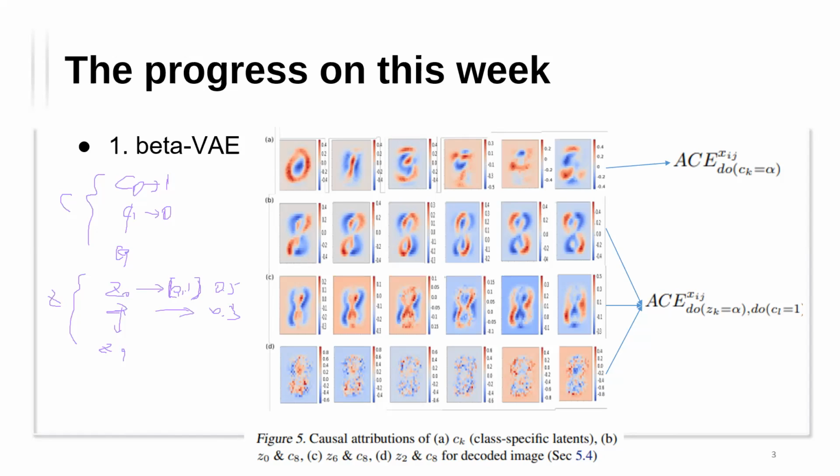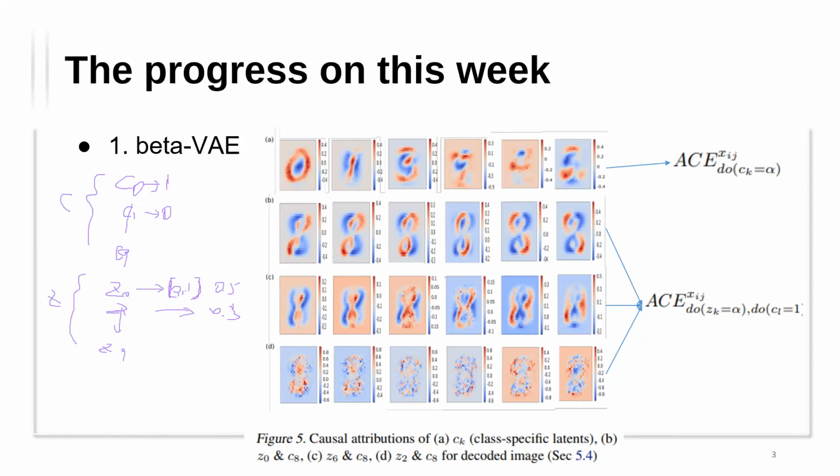So it seems that Z and C are also orthogonal. Whatever C is, suppose it's one digit, a 0, a 1, or a 3, given an arbitrary digit, we can always compress, rescale, or rotate it.